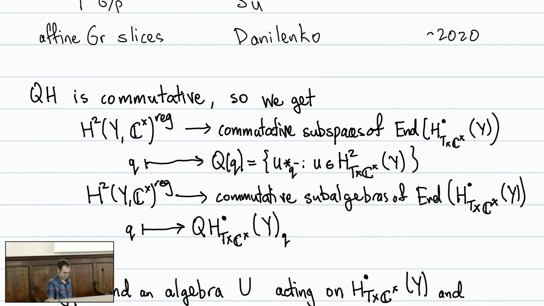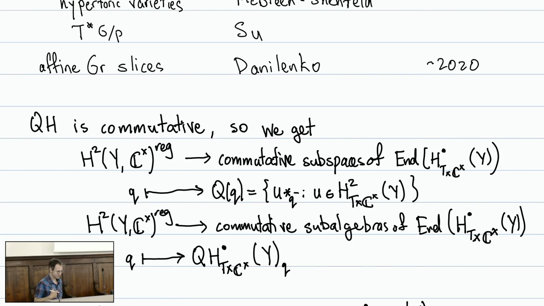So before I go on, I wanted to make one further structural comment. One important feature of the quantum cohomology is that it's a commutative ring. So if you take quantum multiplication by one element and quantum multiplication by another element, they'll commute as operators on the cohomology.